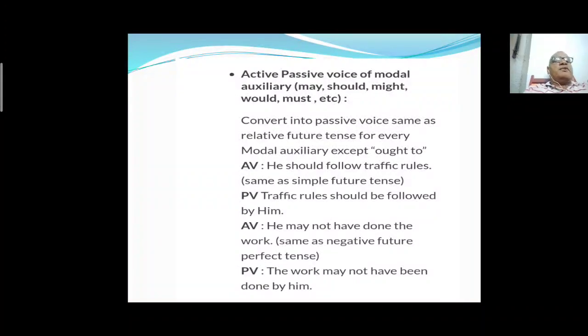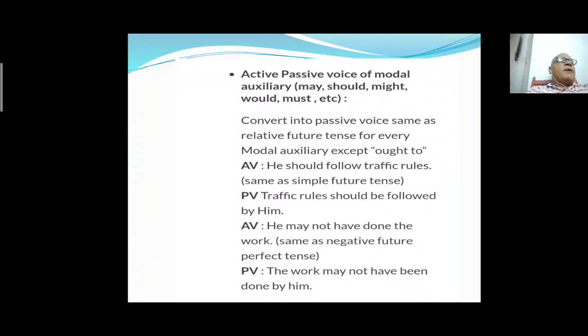Same as simple future tense and past tense, we can change it very easily. Same pattern. Those 4 changes will happen here, and that's all.